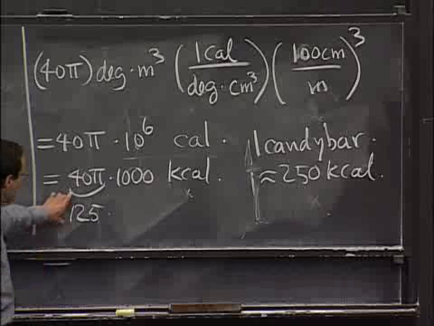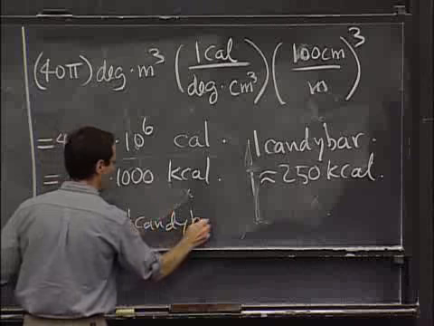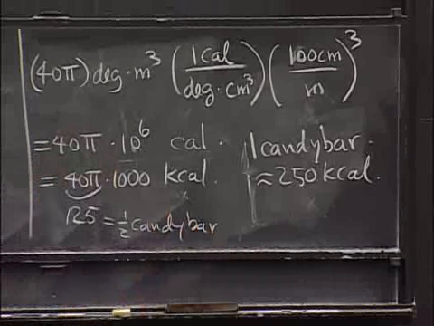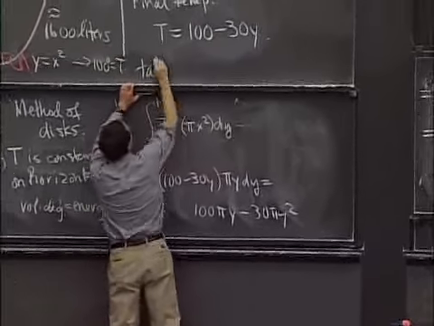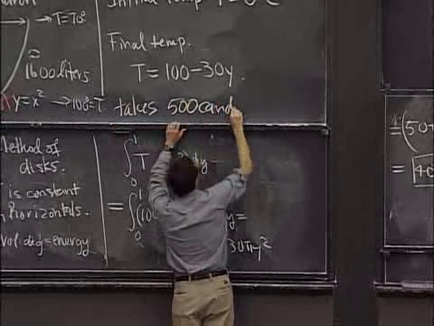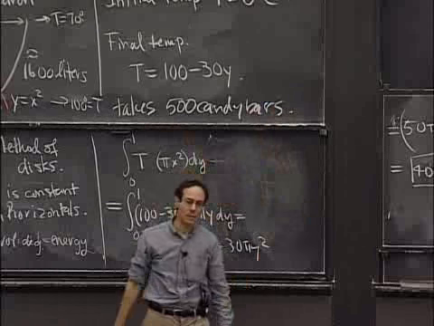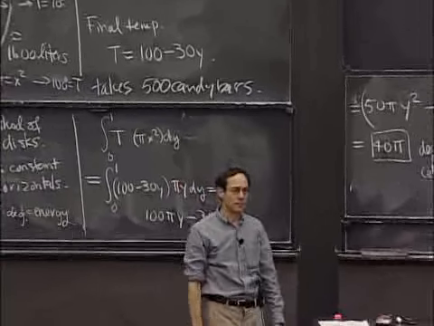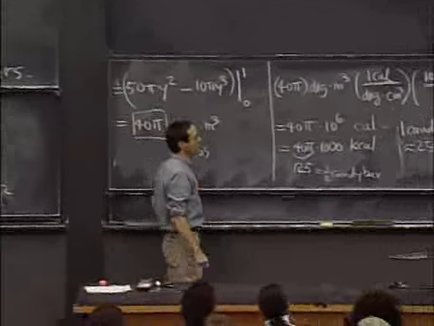So this is a half a candy bar. So the answer to our question is that it takes 500 candy bars to heat up this thing.